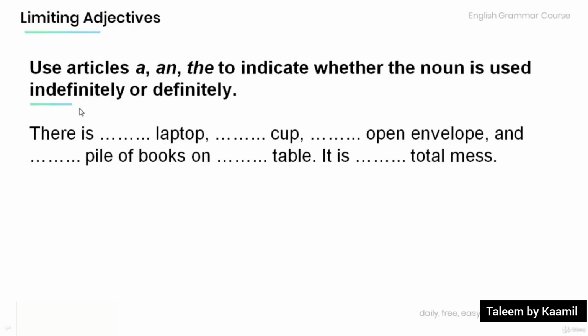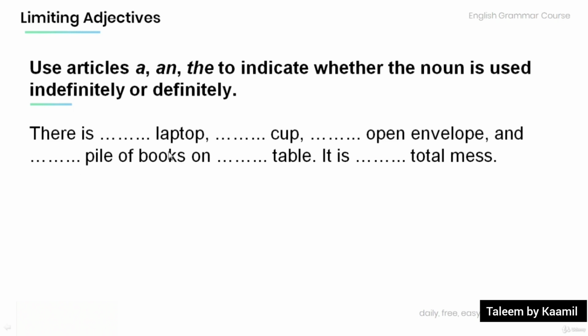Now, let's review and practice a bit. Remember that we use articles a and the to indicate whether the noun is used indefinitely or definitely. Now read the following sentence and fill in the blank using the appropriate article.